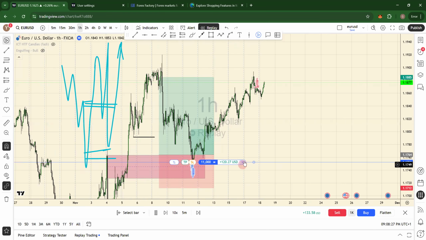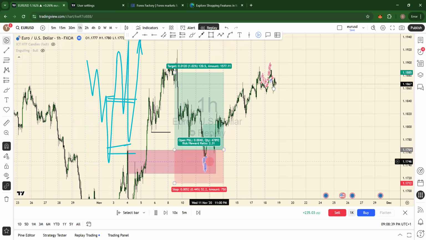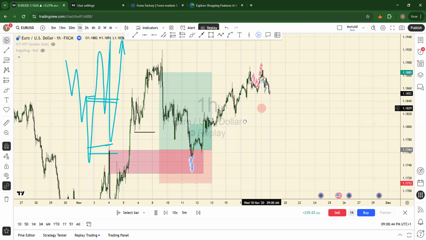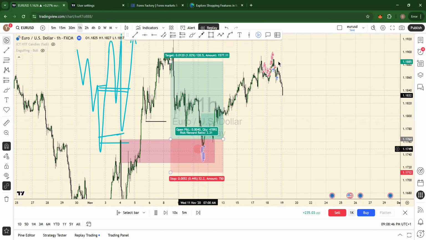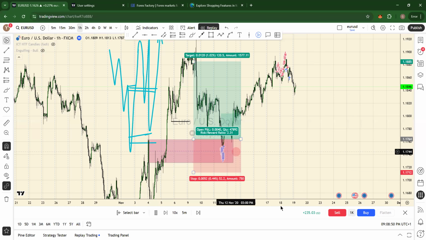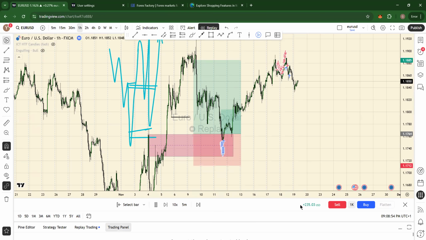Okay, so I bought here and then I sold back my position here for a higher rate. That's how you trade, right? You buy something cheap and you sell it off when prices are high, and then you make your cool cash. You just make about 200 pips.